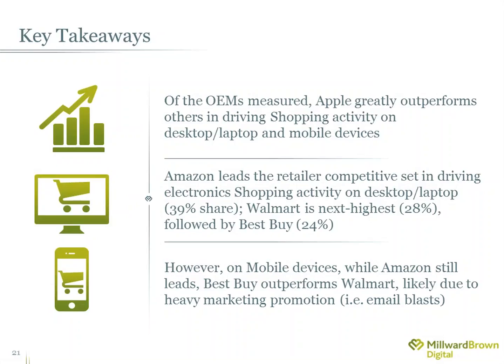Amazon, of course, leads the retailer competitive set in driving electronic shopping activity on the desktop laptop, which we all expected. But what's kind of interesting that we saw is that Best Buy is really doing a good job on mobile devices in terms of driving shopping to electronics, and is nearly driving the same volume as Amazon has driven in the first 7 months of 2014.